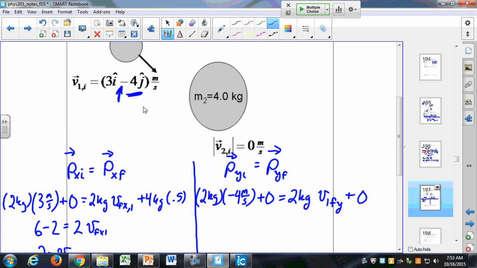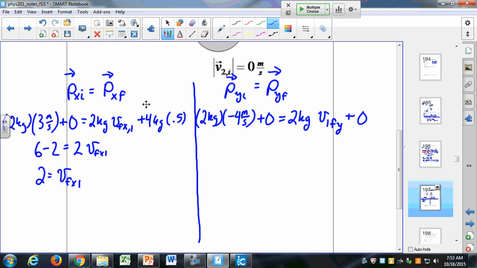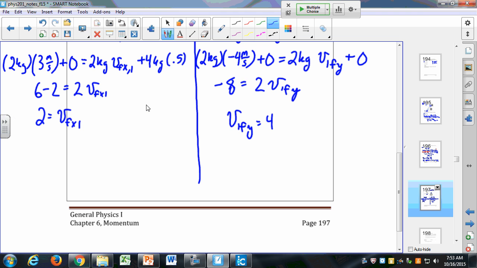Because this particle right here has no velocity in the y direction, it only has this half a meter per second in the x direction. All right, and then I have -8 equals 2 v1fy. So v1fy equals -4. So if I'm going to write v1f, the final velocity of particle 1 is 2i minus 4j.